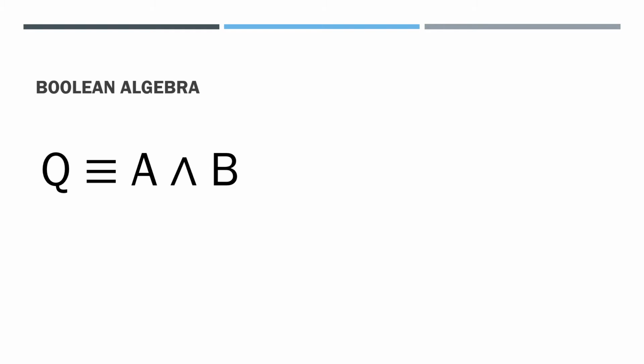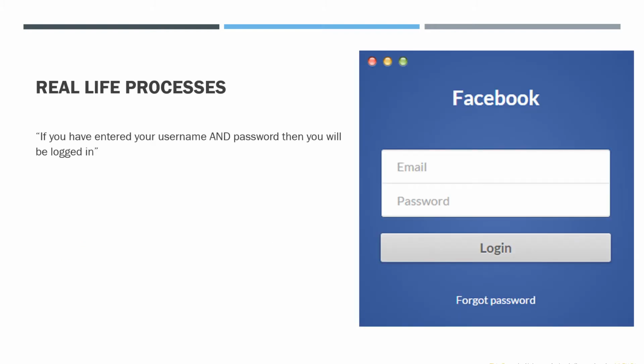And the way we write this in Boolean algebra is like this. That symbol there represents AND, so this expression says Q is equivalent to A and B. That would mean Q is only true if A is true and B is true. We can imagine how this might be used in everyday life. For example, to log on to a lot of different social network systems, you have to give a username and a password.